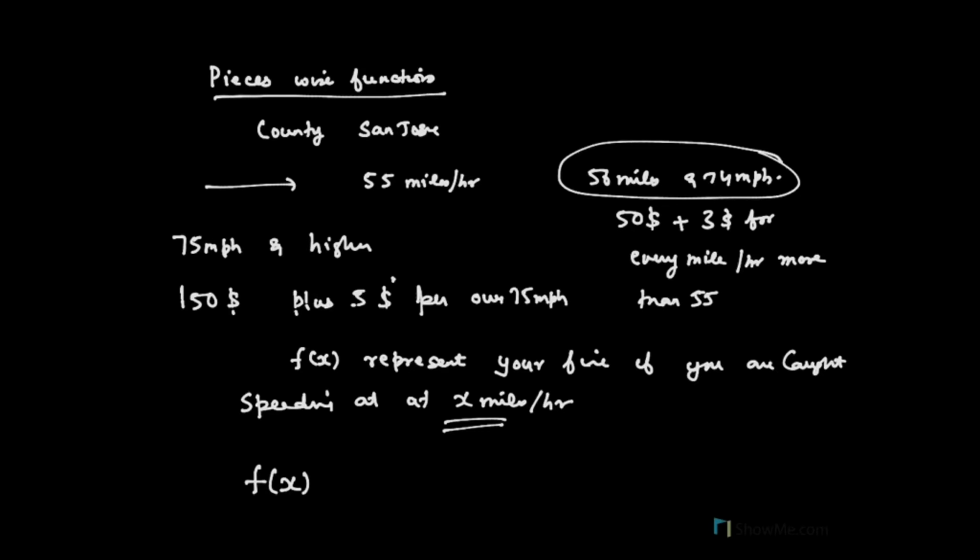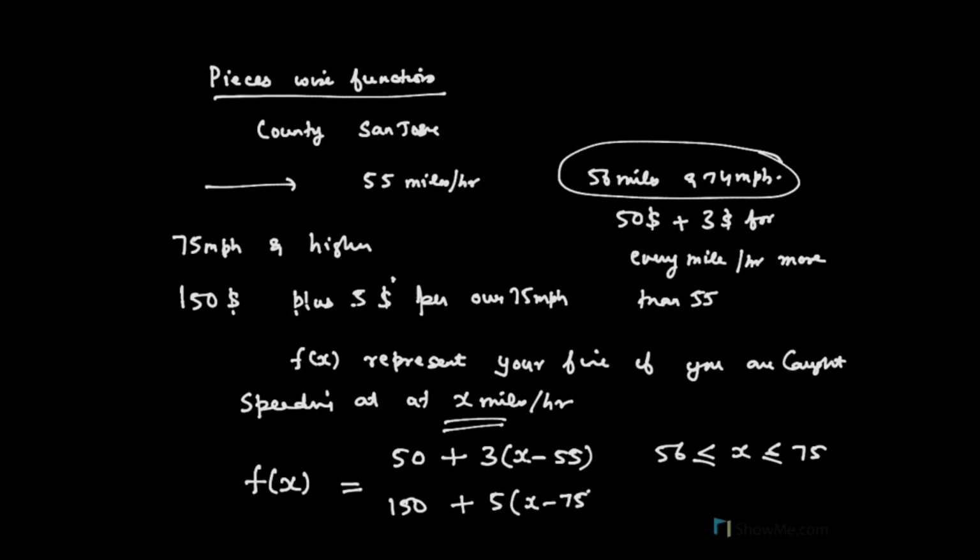F of x is equal to $50 plus 3 times x minus 55, provided 56 is less than or equal to x less than or equal to 75. However, it is 150 plus 5 times x minus 75 if x is greater than or equal to 75.